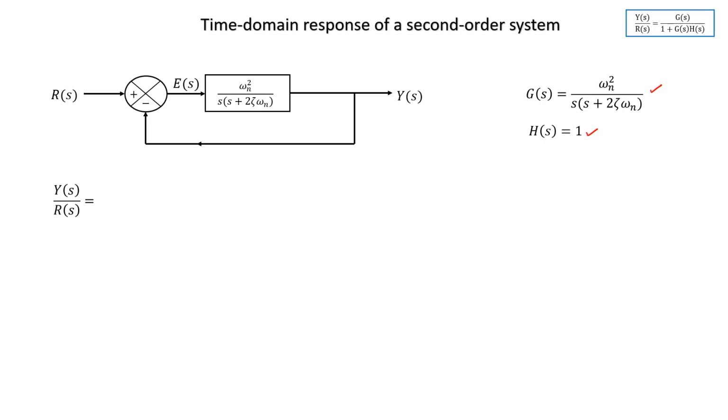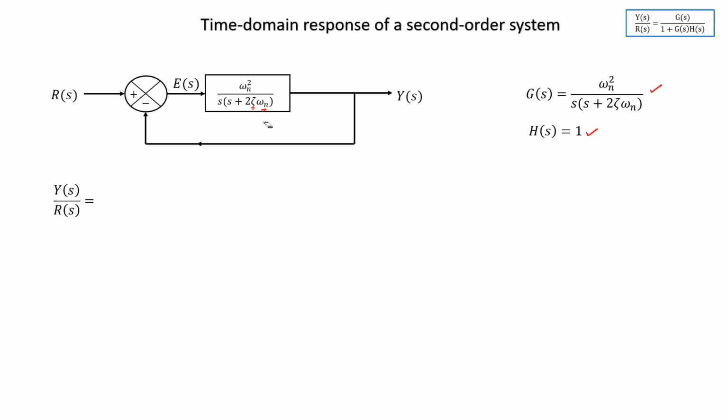You might be thinking, why am I introducing such complicated looking symbols, zeta and omega n here. This is called zeta, by the way, and this is called omega n. Don't worry about it, it has meaning, there are reasons for it, and in standard textbooks we use zeta and omega n. You can always use a, b, c, d, no one is stopping you, it's just a name.